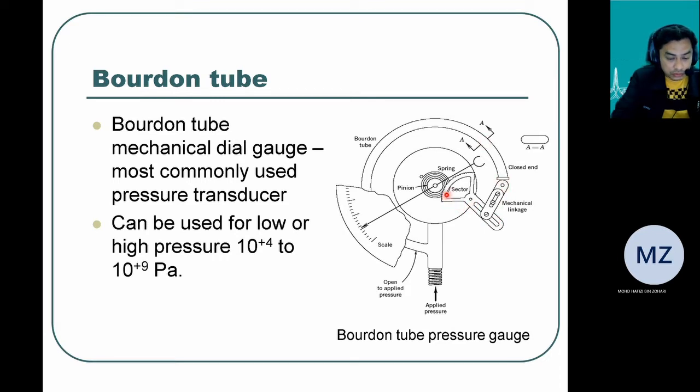The spring, the pinion, and the needle will move to indicate the level of pressure inside the tube. It can be used for about 10,000 up to a few hundred thousand Pascal.